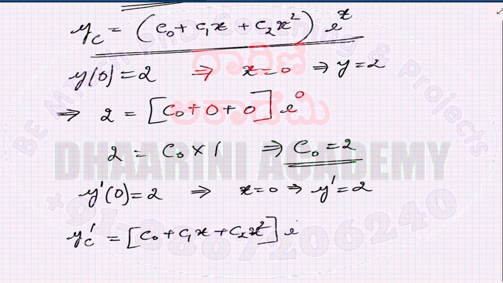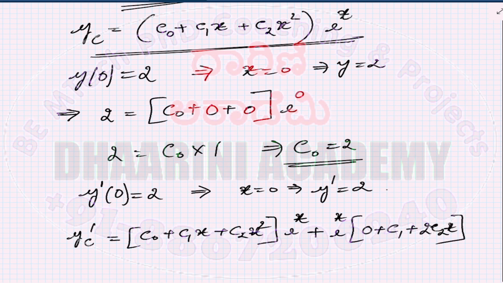E to the x differentiation is e to the x itself, so I don't have to do anything. Plus, you keep the second term as it is, that is e to the x, into the differentiation of the first term. The differentiation of c0 is 0, c1x has differentiation c1, and c2x square has differentiation 2 times c2 into x.